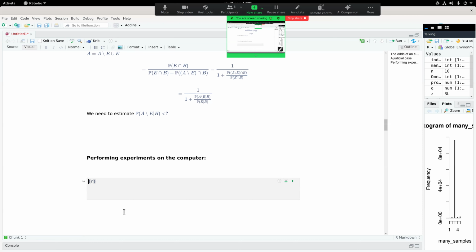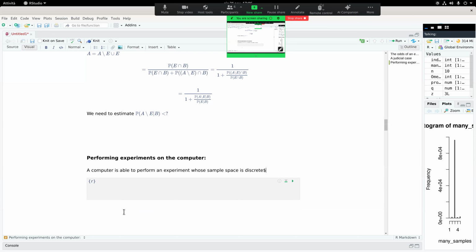We have a computer that is able to perform an experiment whose sample space is discrete.